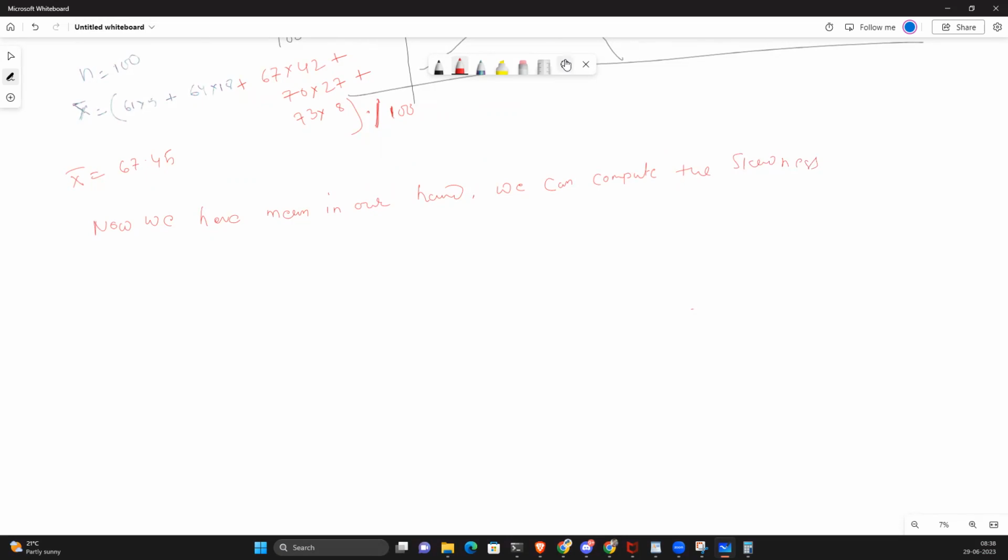Okay. So how to compute the skewness? Let me create one more table. We already have the formulas, that is okay.